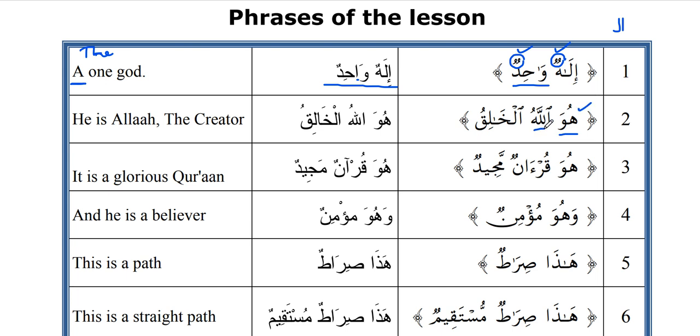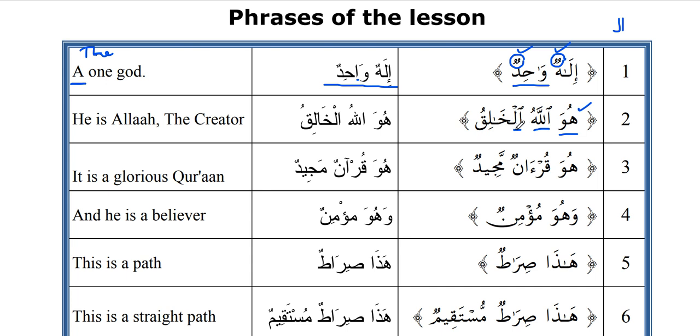And this lafzul jalala, when we learn in Arabic grammar, we refer to the name of Allah subhanahu wa ta'ala as lafzul jalala. We don't say the name Allah has a dhamma or the name Allah has a fatha or a kasra. We say lafzul jalala has a dhamma. So that's how we refer to the name of Allah in Arabic grammar whenever we come across this name.